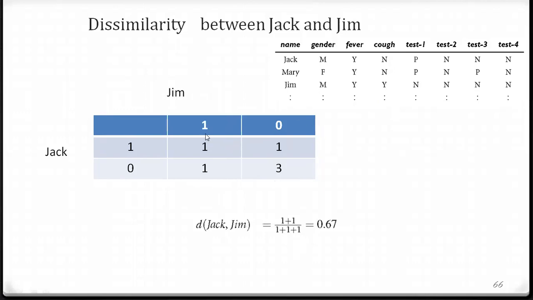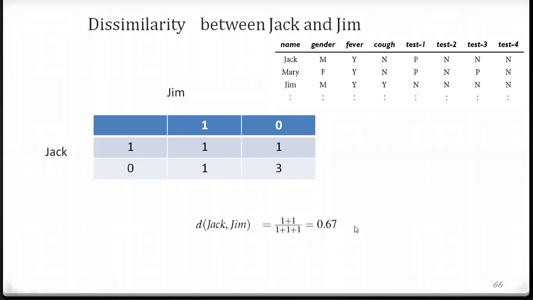So we have 0 1, which is NY, and we have PN here. We are filling up this contingency table and then computing 1 plus 1 divided by 1 plus 1 plus 1. Sorry, we are taking this, not t. The answer is 0.67.